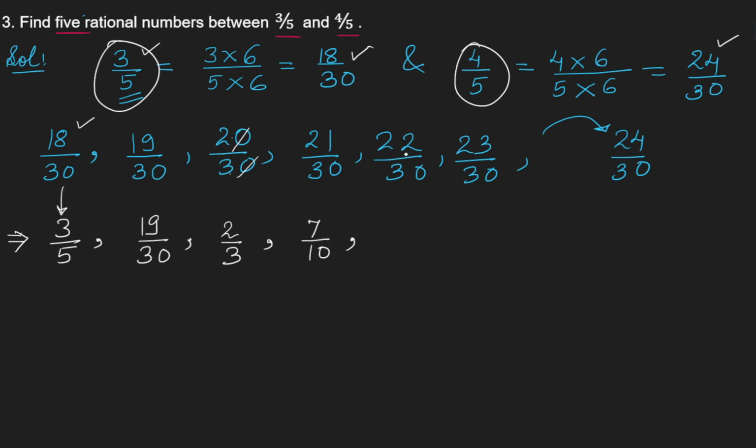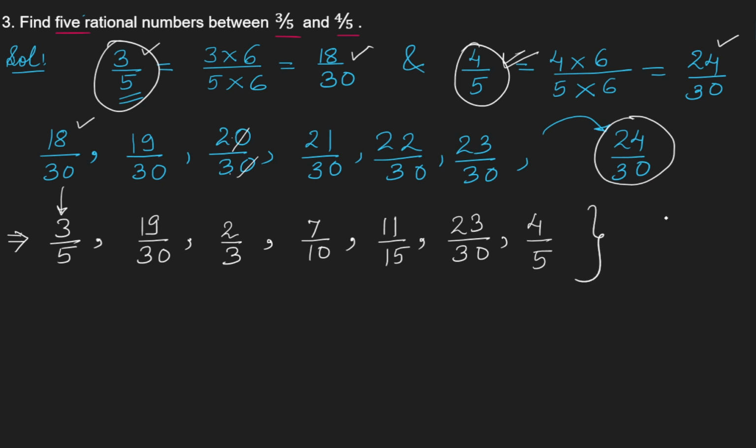Take the next number divided by 2, so you get here what? 11 by 15. The next number remains as it is. And the last number, which is 24 by 30, is actually what? 4 by 5. So write 4 by 5.